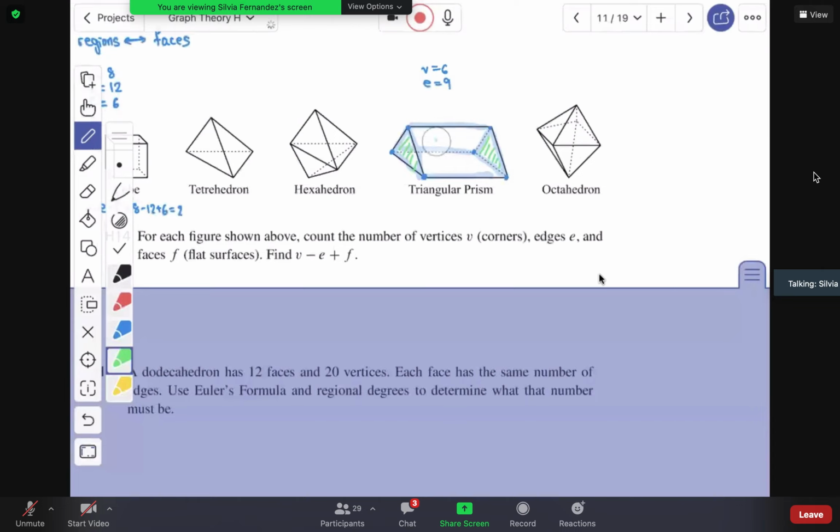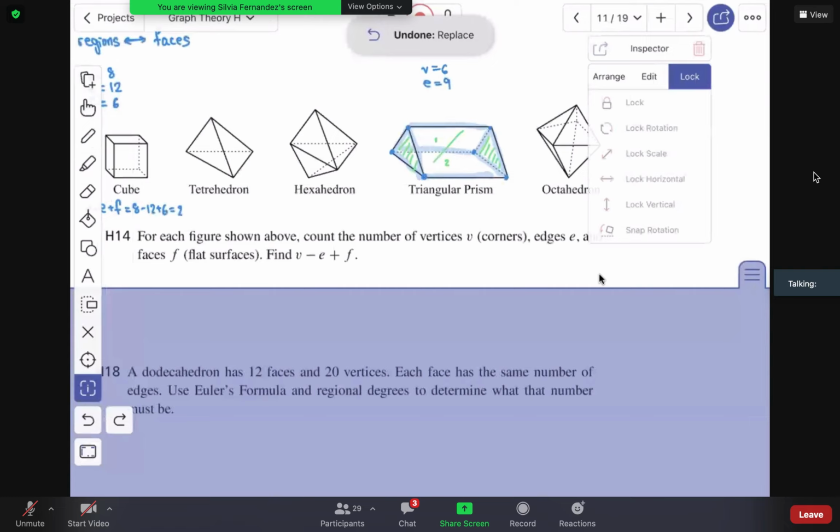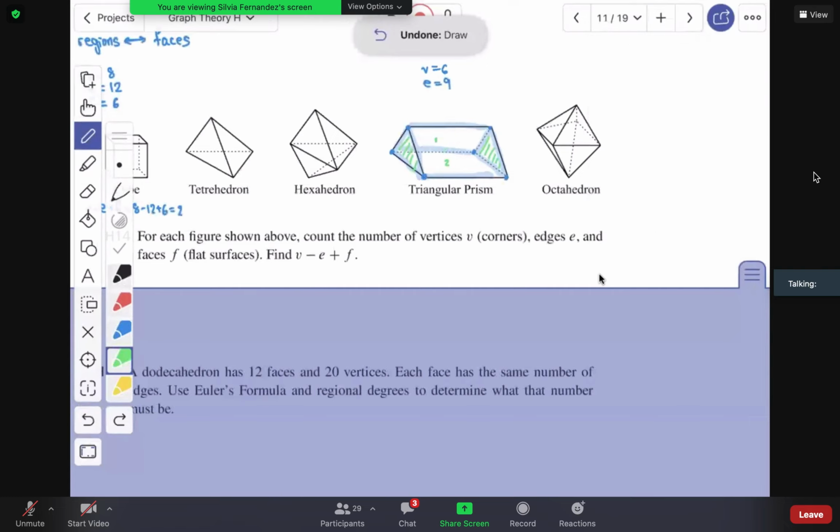So you have one on the back, one on the bottom, and then this one right here, the one in front of us. So that's 5 faces. And so if you do V minus E plus F, that's 6 minus 9 plus 5. That should be a 2.